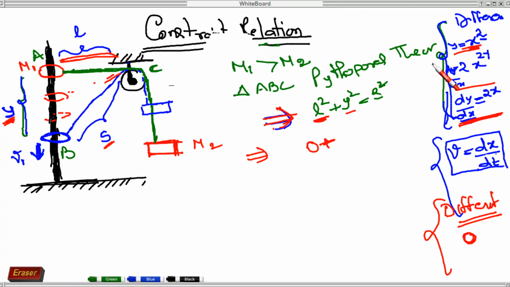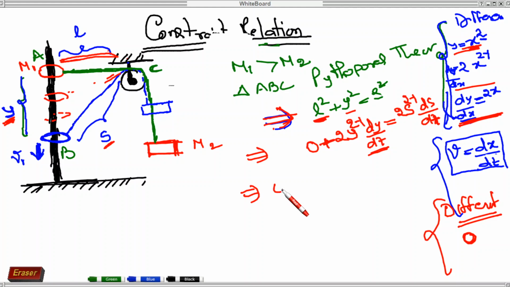Same as I told you, it will become 2y raised to the power 2 minus 1, dy over dt. Here we are differentiating with respect to t, and here it will become 2s raised to the power 2 minus 1, ds over dt. So it will become 0 plus 2y dy over dt is equal to 2s ds over dt.